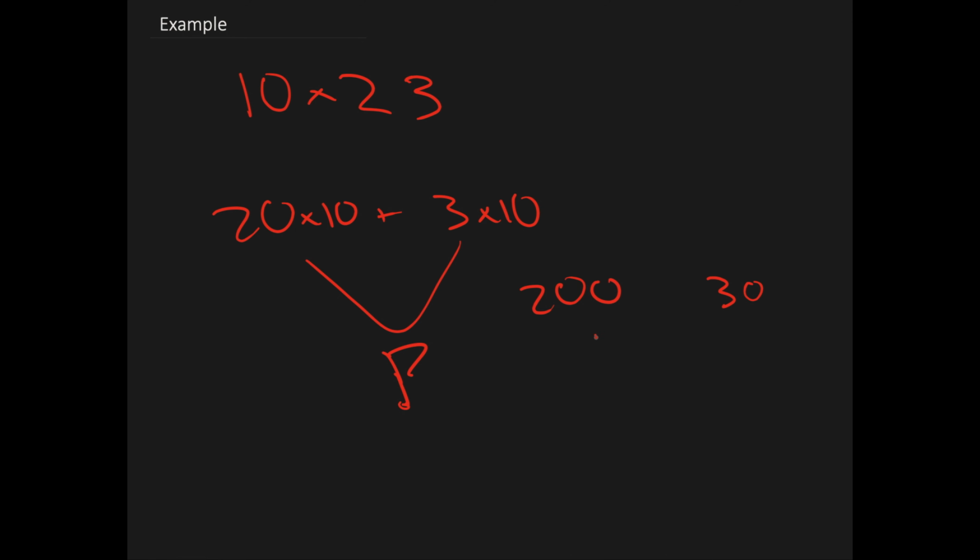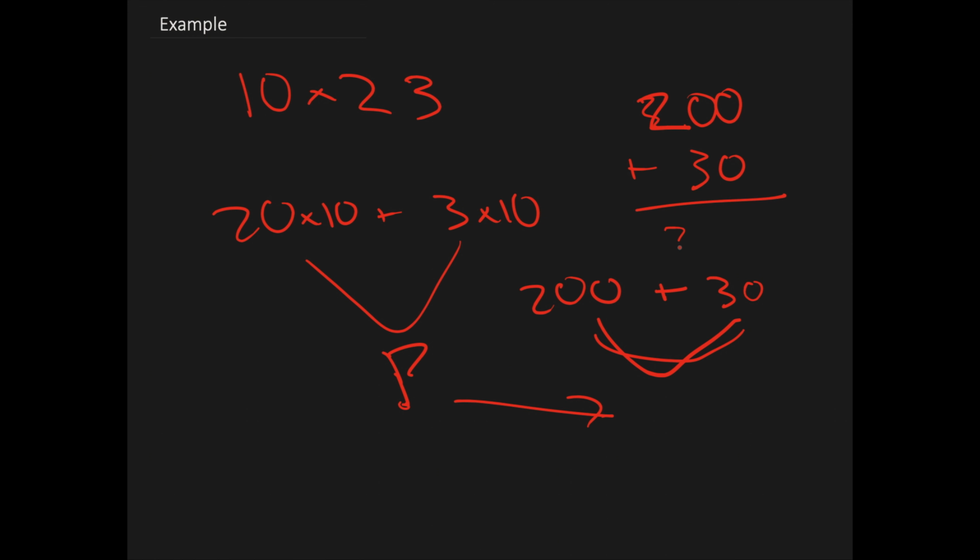And remember, 200 plus 30 will be our product. 200 plus 30 would be 230.